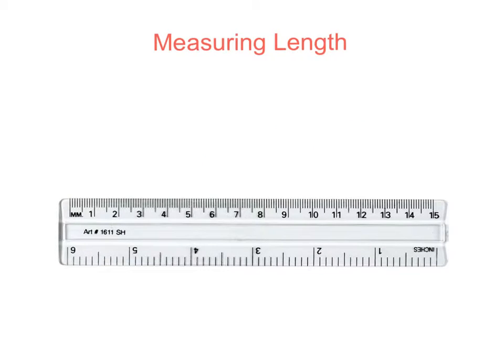Here I have a ruler, and what we can see is along this side here we have millimeters and centimeters. Well, how do I know? Because along the side here, these numbers 1, 2, 3, 4, 5, 6, 7, 8, and so on, represent a centimeter.